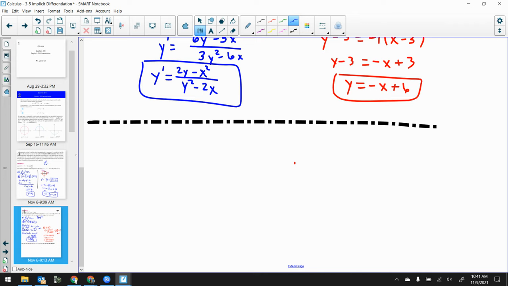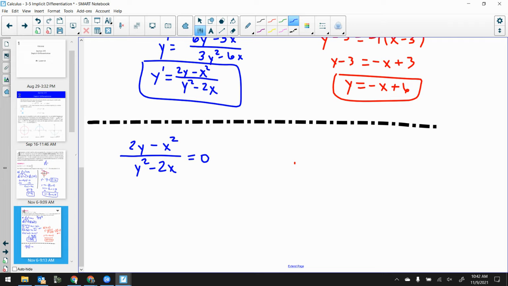Oh, they're asking me for the zeros of my derivative, right? If I'm asking for when the tangent line is going to go flat, I'm asking when is the slope going to be 0? Well, if y prime is equal to the slope, I'm really asking for this, 2y minus x squared over y squared minus 2x.